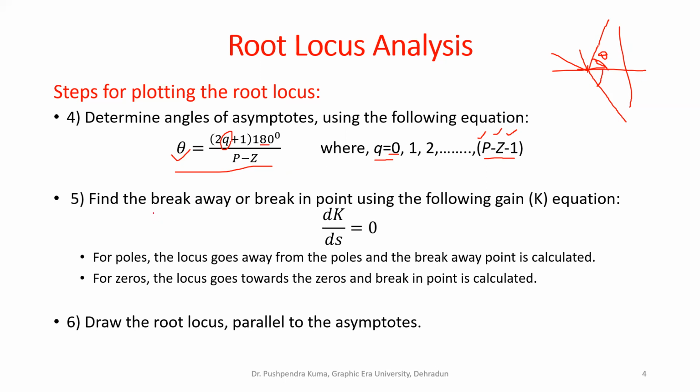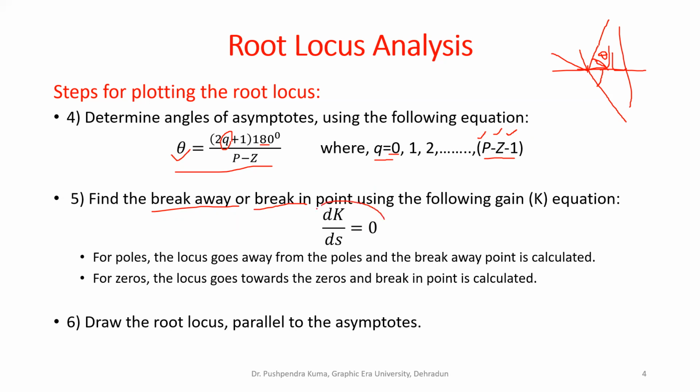Now there are two concepts: breakaway and break-in points. If you have some root locus going outward or coming inward, you have to clarify that. So we need to define the point from where the locus goes outward or comes inward.